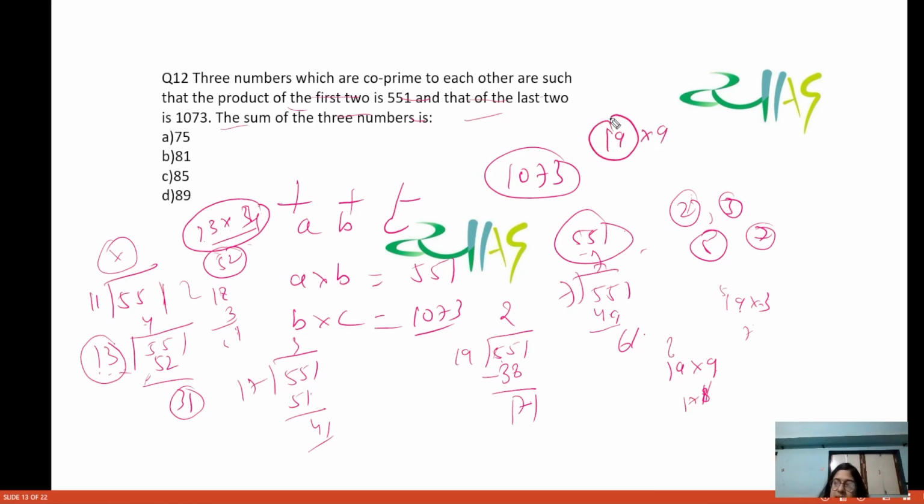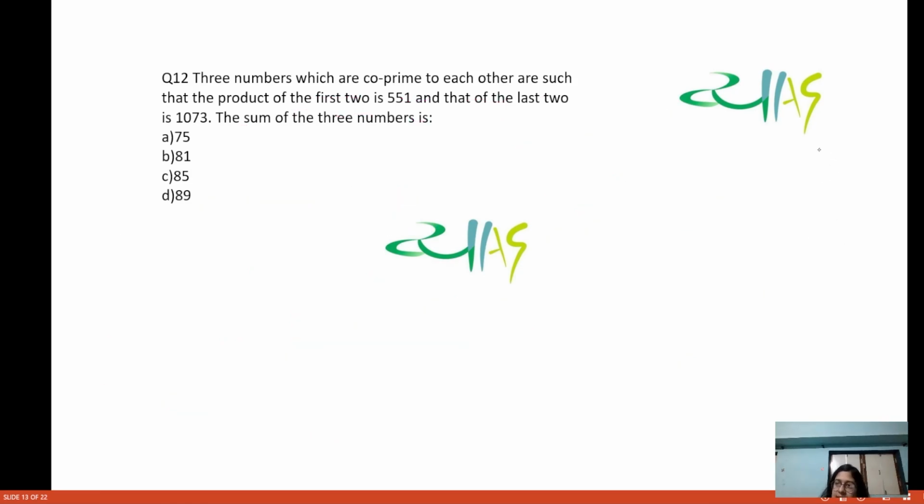Now 19 is a prime number, and 9 is co-prime with 19. So definitely this is good. So basically, the factors we got for 551 are 19 and 29.